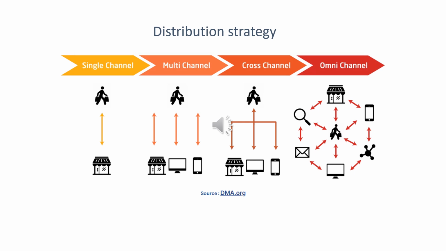Okay, so it could be more than one transaction. So we would say that omni-channel is the most advanced distribution strategy, because it ensures that the consumer will use both the physical and the digital element together in real time, creating a very unique shopping experience.